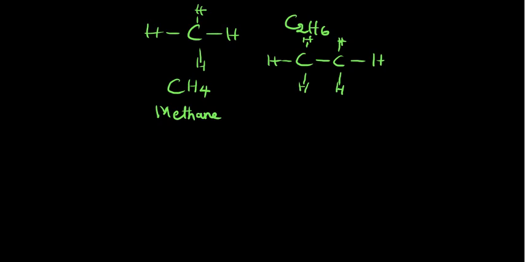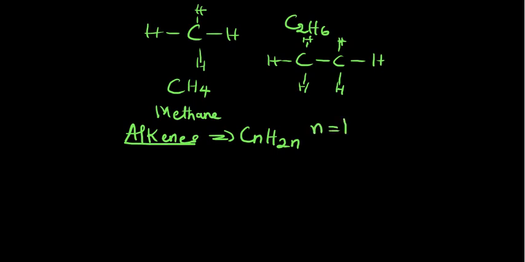Now let us form the alkenes also. They have the general formula CnH2n, right? Their first member, don't go and say n equals 1. Their first member is not starting from 1, unlike methane, whose first member starts from 1.